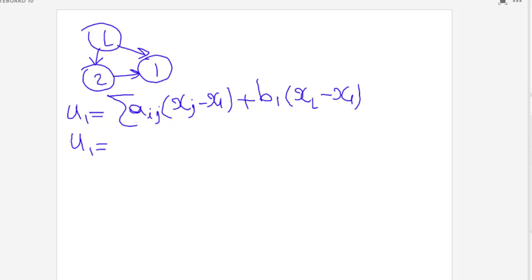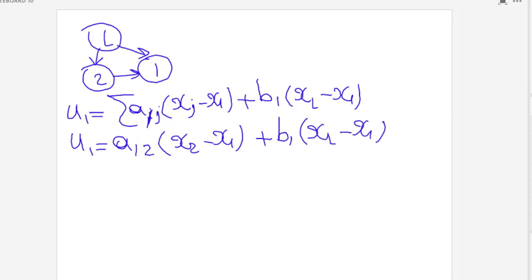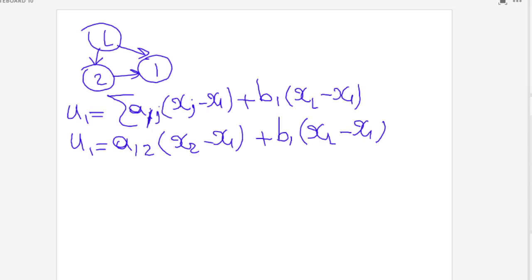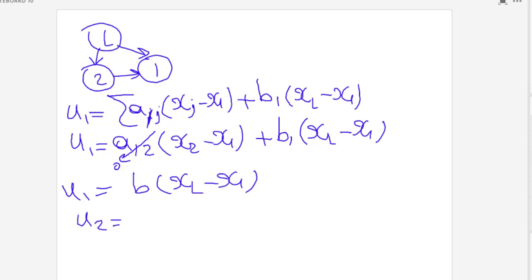We have one agent: A12 times (X2 minus X1) plus B1 times (XL minus X1). What about A12? A12 equal to 0. So U1 equal to B1 times (X leader minus X1).